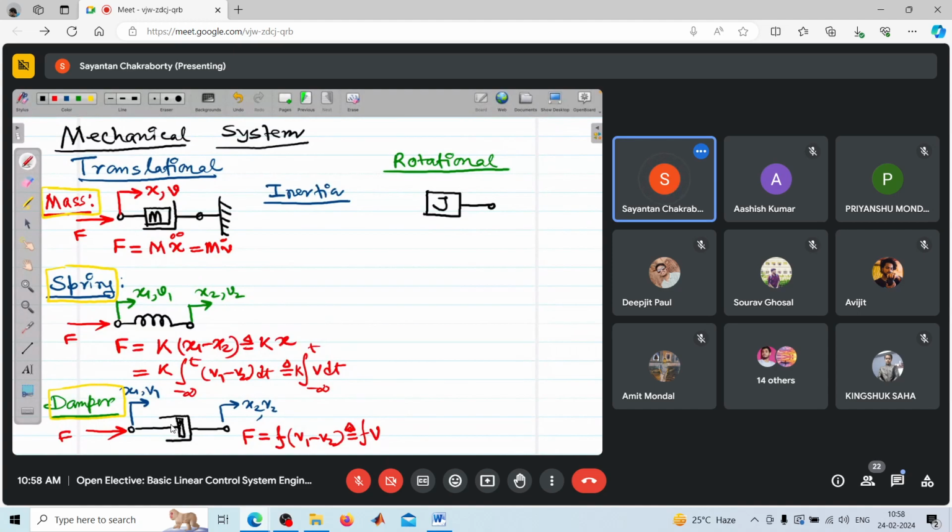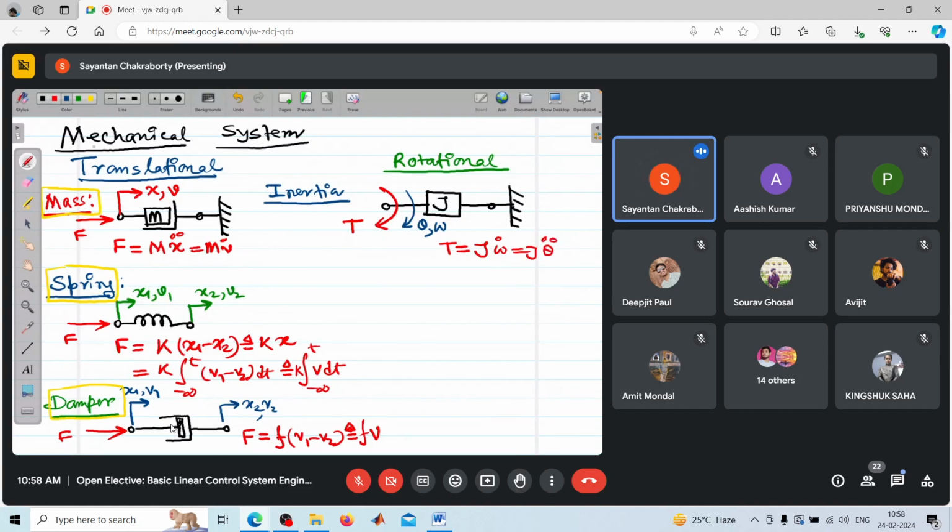Say it is J, where we applied a torque T, which produces an angular displacement theta with angular velocity omega. So we can simply write this T as J omega dot or J theta double dot.